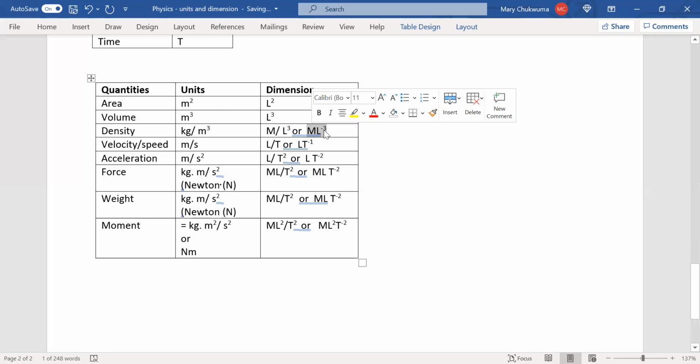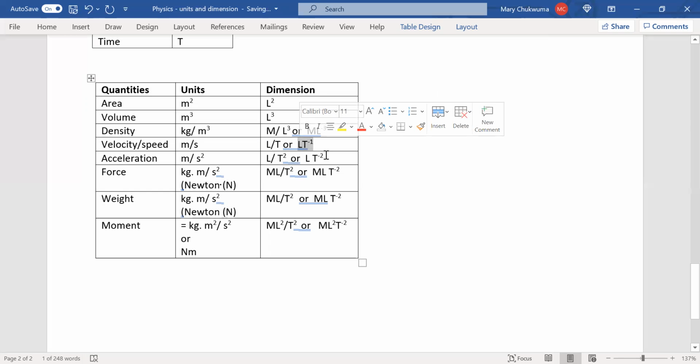So velocity is meter per second. Meter is just a measure of length, and T is the dimension of time. Okay, so you can have it in linear form, LT raised to power minus 1. So acceleration is meter per second squared. So you have it this way or this way.